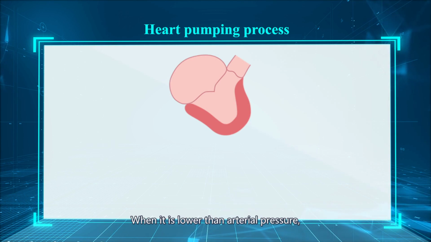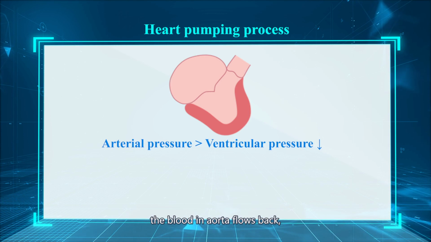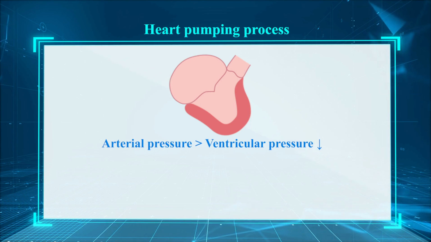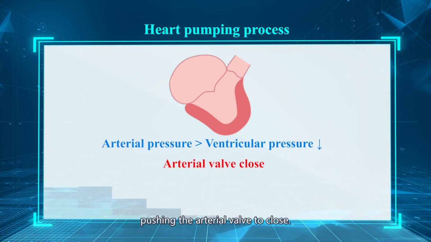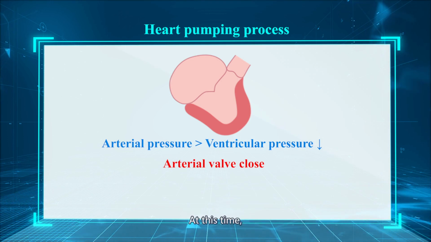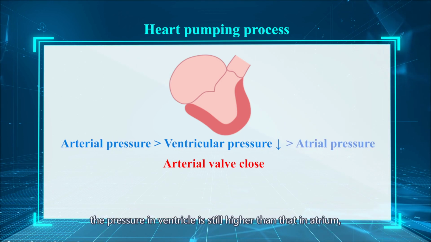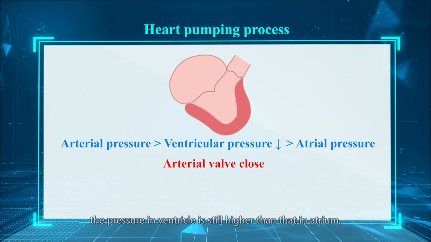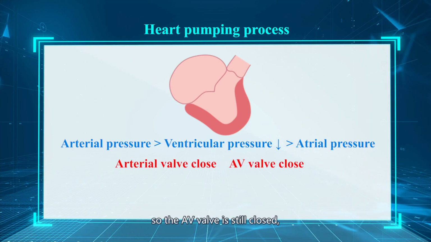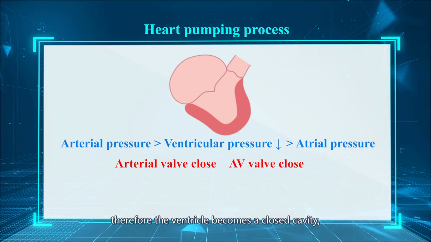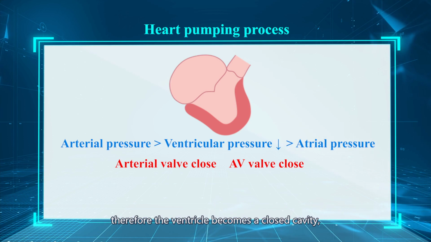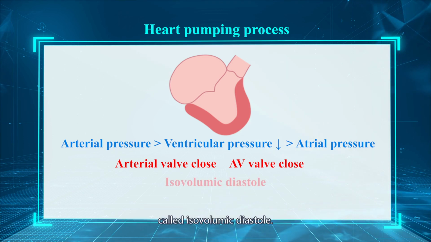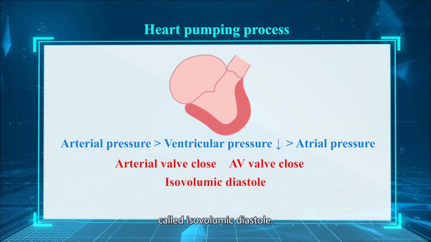When it is lower than arterial pressure, the blood in aorta flows back, pushing arterial valve to close. At this time, the pressure in ventricle is still higher than that in atrium, so the AV valve is still closed. Therefore, the ventricle becomes a closed cavity called isovolumic diastole.